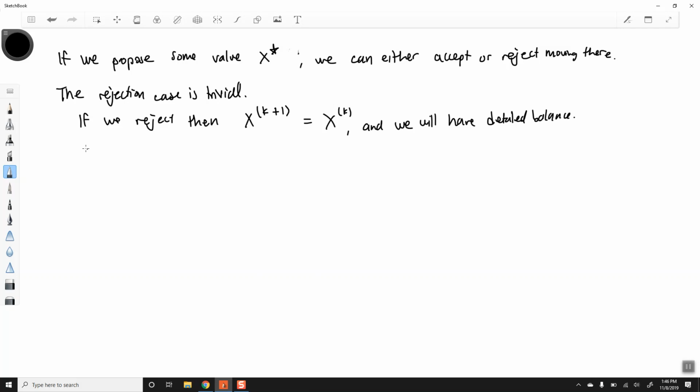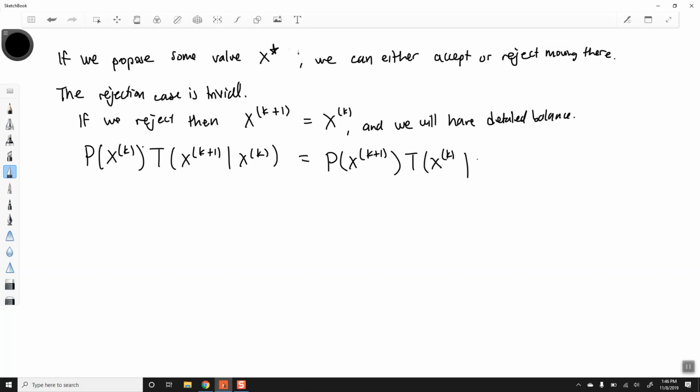Okay, because basically we said we have detailed balance when the probability of x, so this is when we achieve detailed balance, and in this case x k plus 1 and x k are exactly the same, so you basically just have the same symbols across the whole thing, okay?